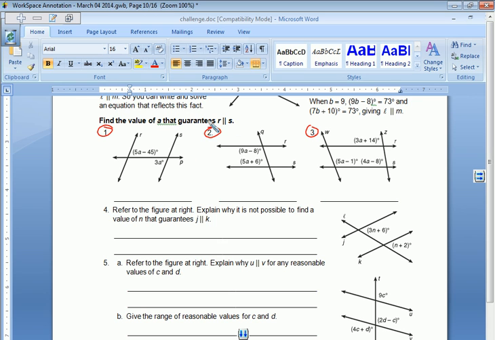Okay. And so, what value of A guarantees that R is parallel to S? Well, if these are alternate interior angles, their measures must be equal so that they are congruent. So we just set this one equal to this one and solve for A. So we get 2A equals 45 and A equals 22.5. Got it?